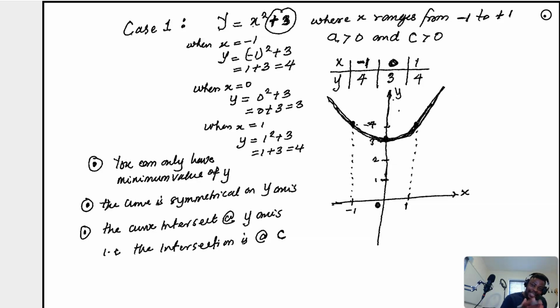I can easily tell you now, a is greater than 0 and c is greater than 0, then in that case a is greater than 0 means the curve will open upward, and c greater than 0 tells us that the curve intersects at that value of c, which is +3.